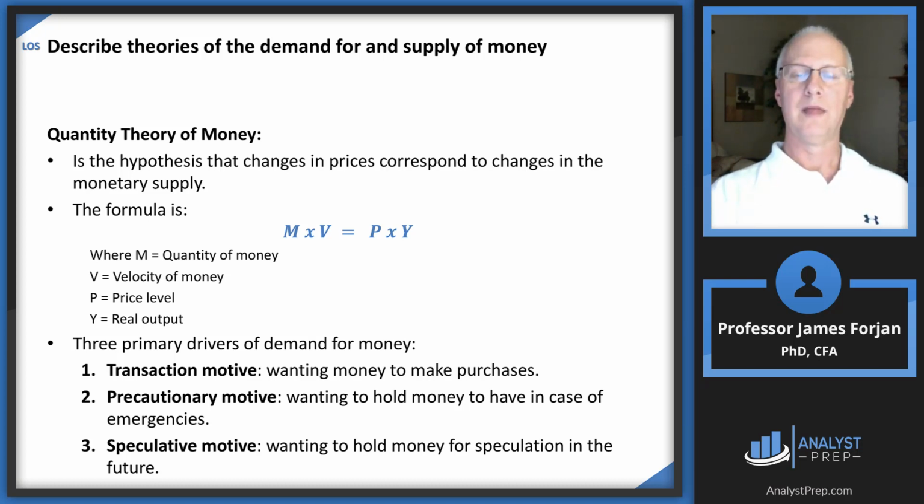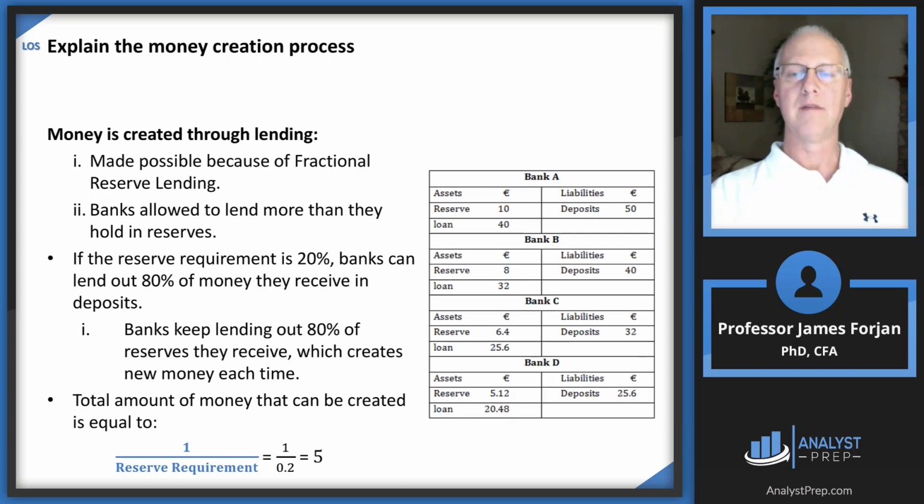And so that velocity, let me go back here to my previous slide, is a measure of how quickly that 50 euros in the initial deposit moves through the banking system. So you can see where that term velocity is appropriate. It's not moving slowly, it's moving quickly.